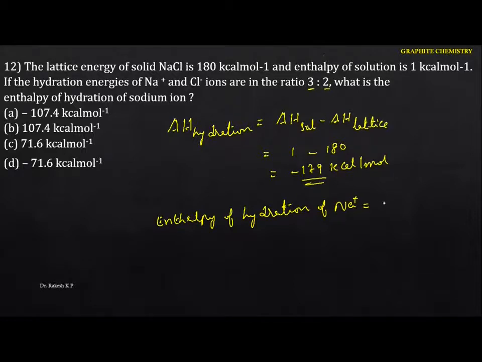Hence I can write it directly: 3 parts of sodium out of 5, into minus 179. So now here we got the value, that is minus 107.4 kilocalorie per mole. Okay, so this is the value we got here. Hence in this case the option is A. So next one.